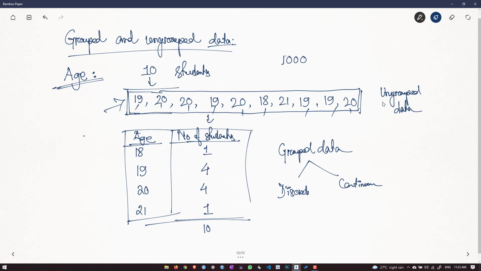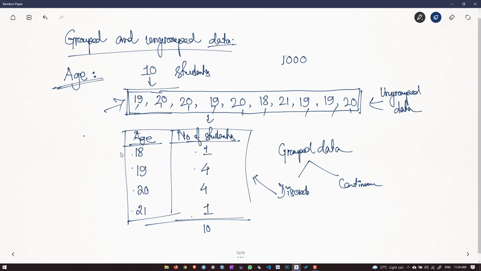If you write it like this, it is called ungrouped data. Now we are trying to process it and trying to reduce the volume, right? So in the process of reducing it, if you are considering individual ages and counting how many items are there in these individual ages, that will be called a discrete frequency table or discrete grouped data.